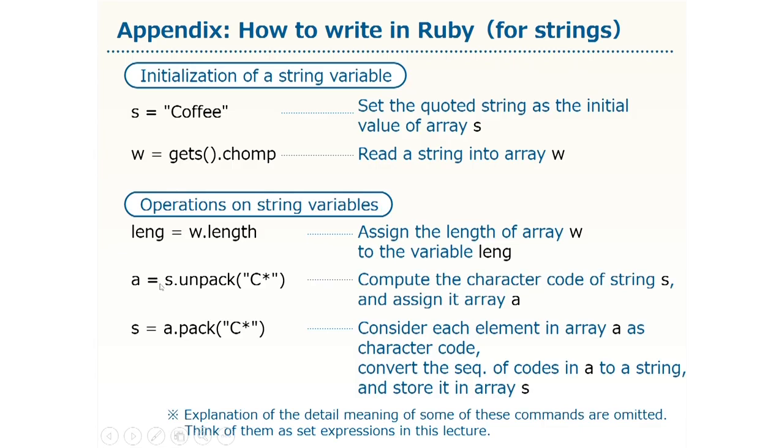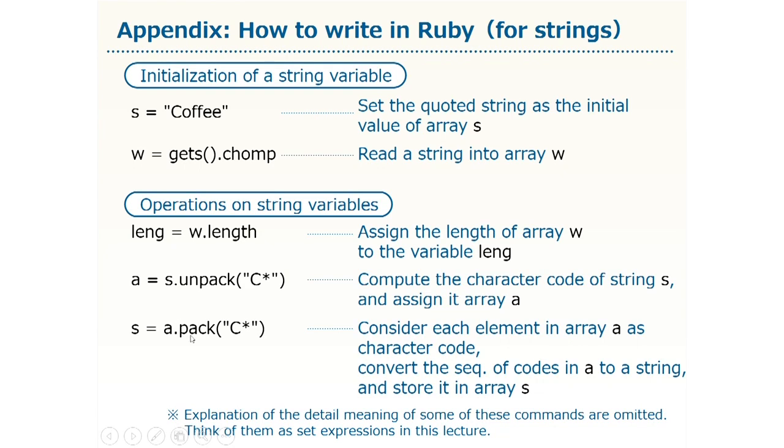Typical commands for strings are for converting from a string to its code and its code to a string. First, using unpack. Okay? Unpack command, in this way, we can get the code of a string in the array S. And then this can be put into an array A by this assignment statement.